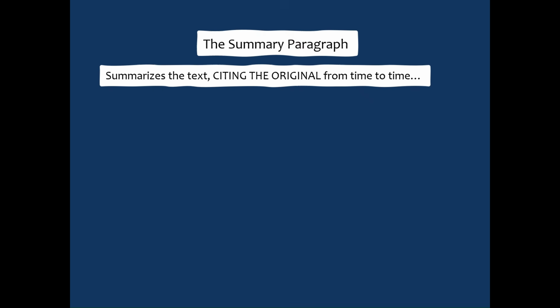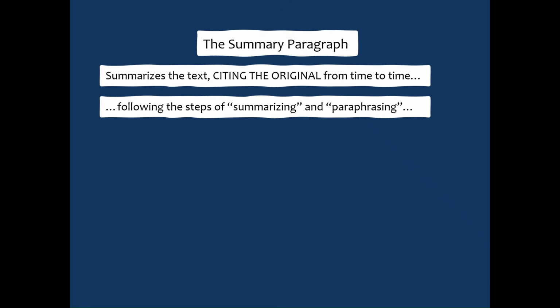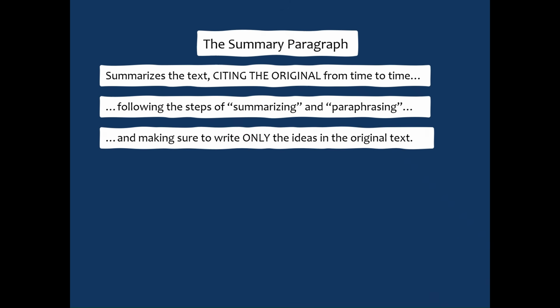the summary paragraph summarizes the text, citing the original from time to time, following the steps of summarizing and paraphrasing, and making sure to write only the ideas in the original text. Here, your ideas should not appear.